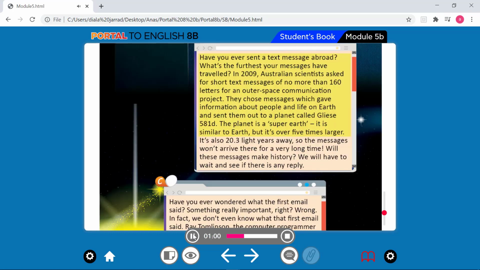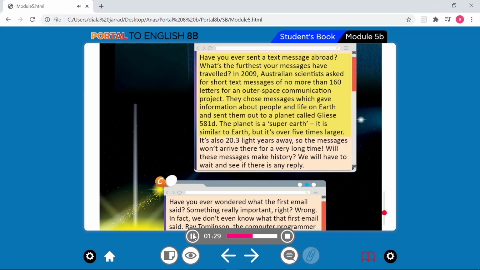B. Have you ever sent a text message abroad? What's the furthest your messages have traveled? In 2009, Australian scientists asked for short text messages of no more than 160 letters for an outer space communication project. They chose messages which gave information about people and life on Earth and sent them out to a planet called Gliese 581d.